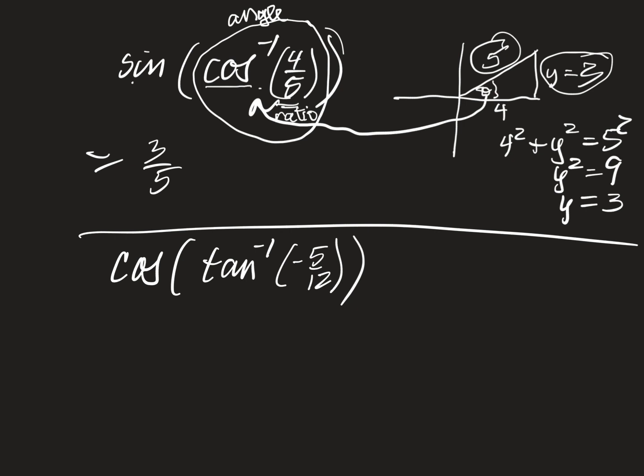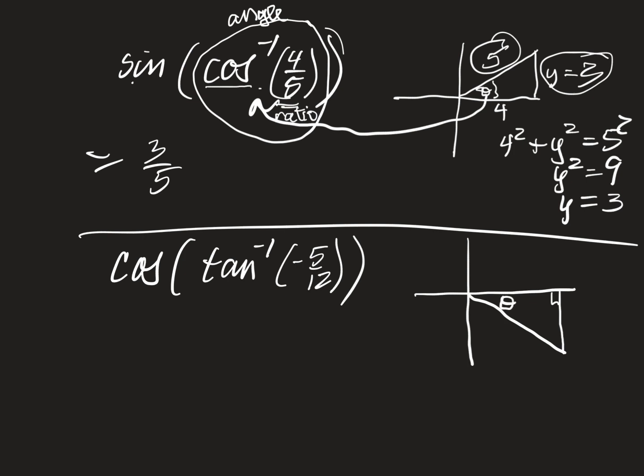Okay? So, this is a negative 5/12. If you remember, the range of inverse tangent was negative pi over 2 to pi over 2, and the negative ones were in the fourth quadrant. So this triangle is a fourth quadrant triangle. Okay?